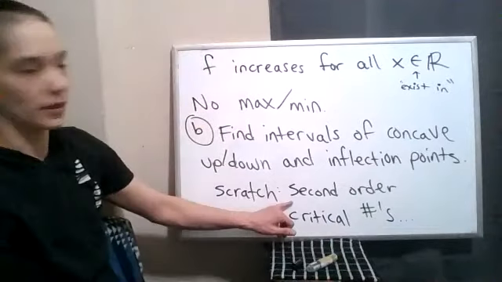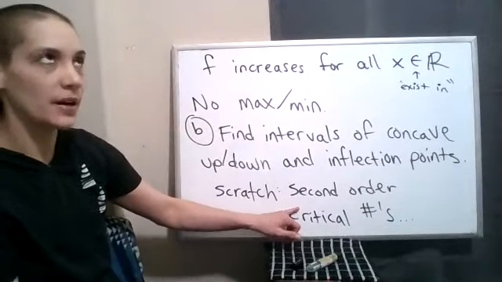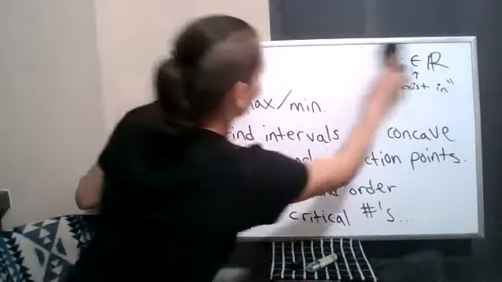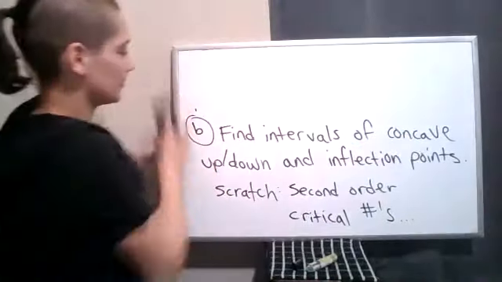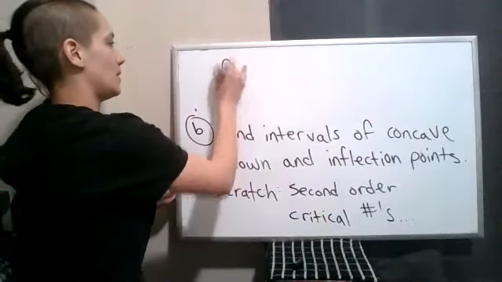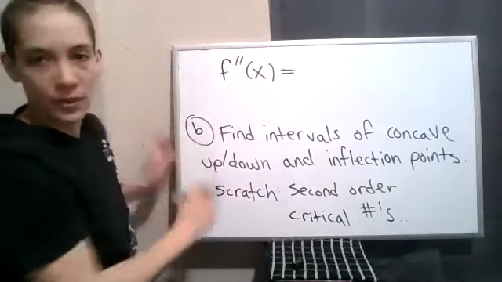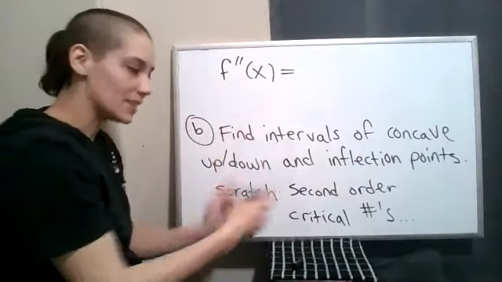Okay. Second order, like take the derivative of f twice. f double prime of x would be the derivative of 3x squared. We get 6x.